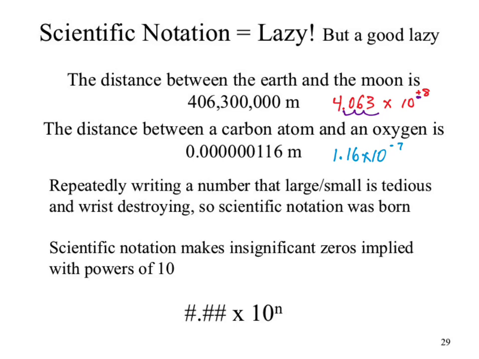I can still convert a negative number into scientific notation. The negative in front just gets ignored. I'm looking at converting the absolute value of whatever's in there. For instance, if we take a look at that top number, and this wouldn't make sense, but if I made that a negative 406 million, what does that change in my scientific notation?